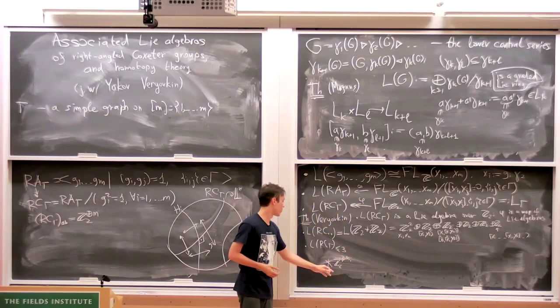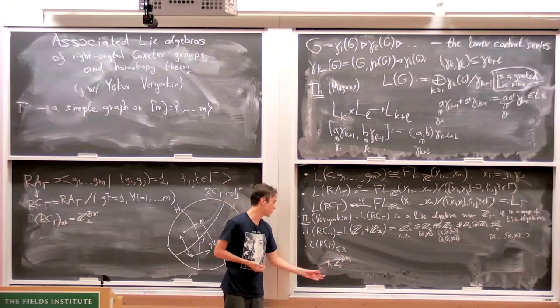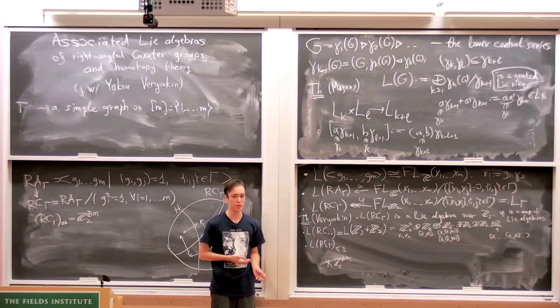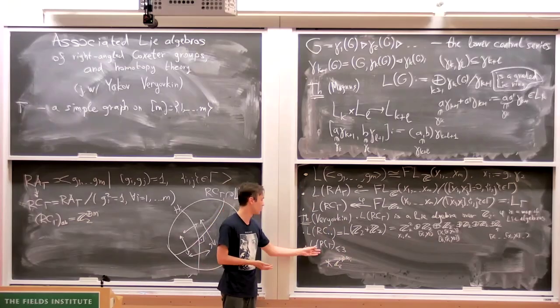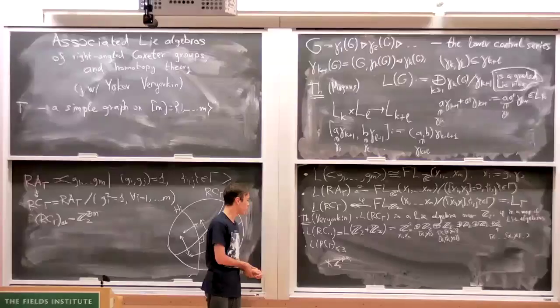In our notation, these groups are right-angled Coxeter groups which correspond to graphs which are disjoint unions of complete graphs. So this is just a very special case of what we try to consider. So this is the state of the art.